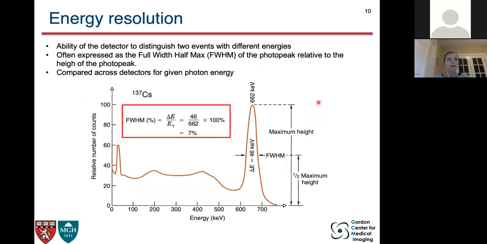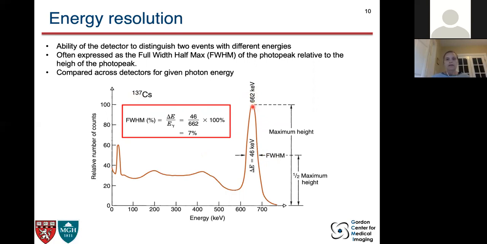This is very closely related to the energy resolution of the detector. The energy resolution is the ability of the detector to distinguish two events with different energies. It's often expressed as the full width half max of the photopeak relative to the height of the photopeak. So you can see here a spectrum of cesium-137, which has a 662 keV gamma ray.